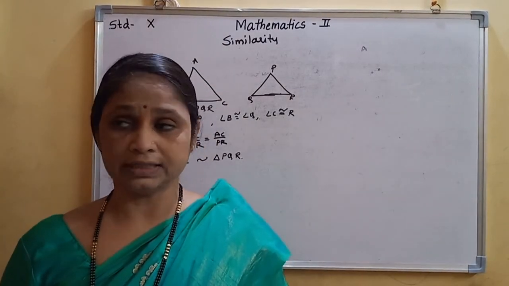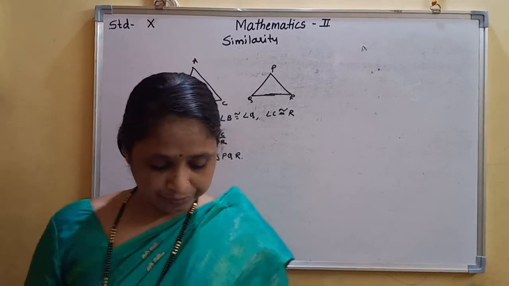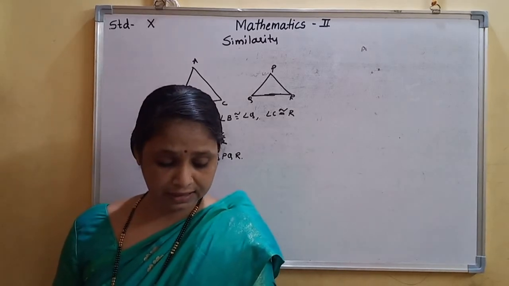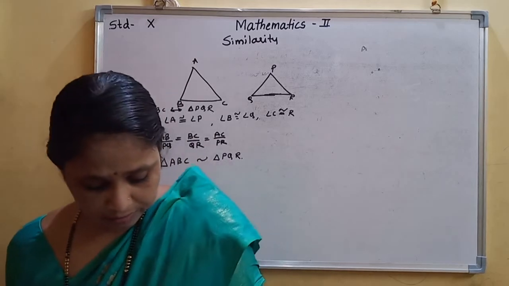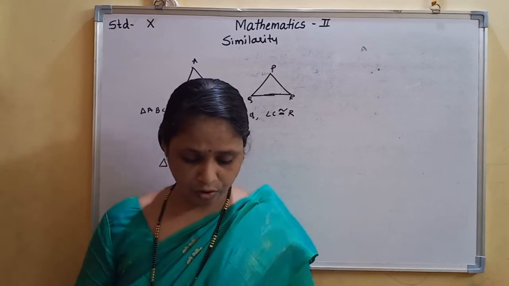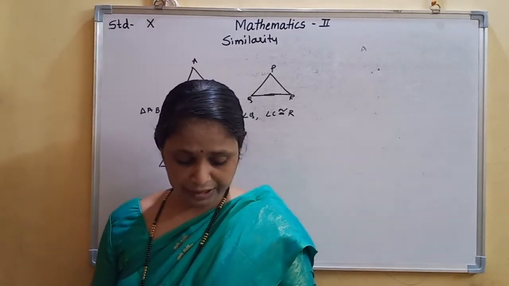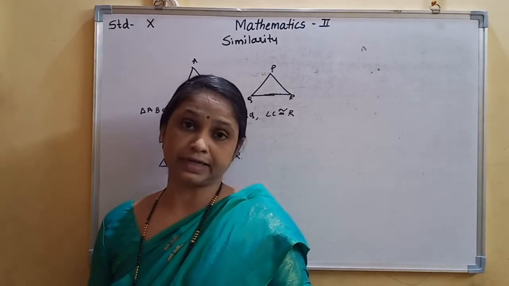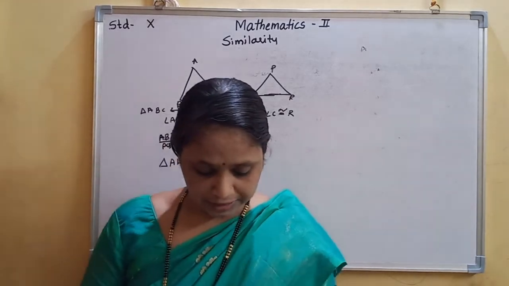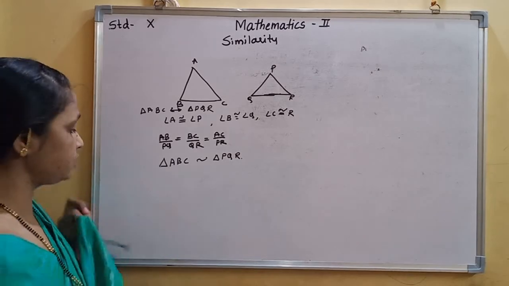Now see the tests of similarity of triangles. How can you test the similarity of triangles? To prove two triangles are similar, the angles must all be congruent and the corresponding sides must be in proportion. Similarity of triangles can be proved by testing some specific conditions, and these conditions are termed tests of similarity.